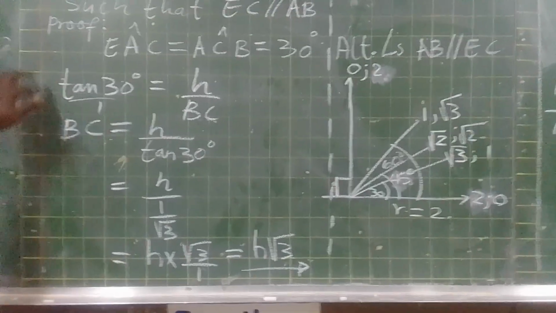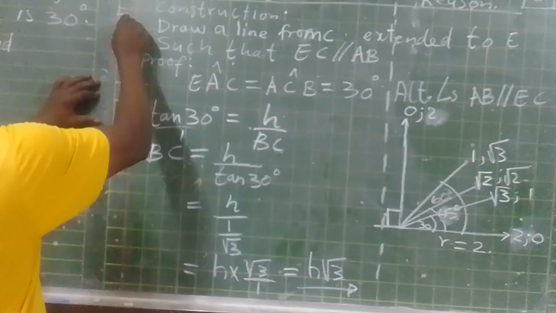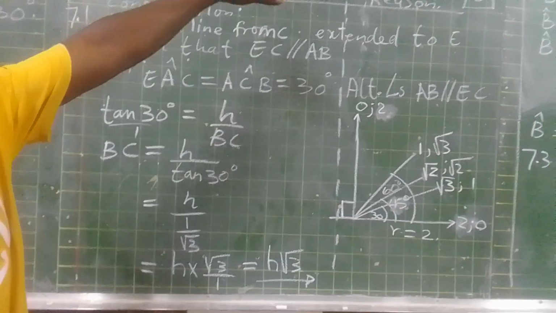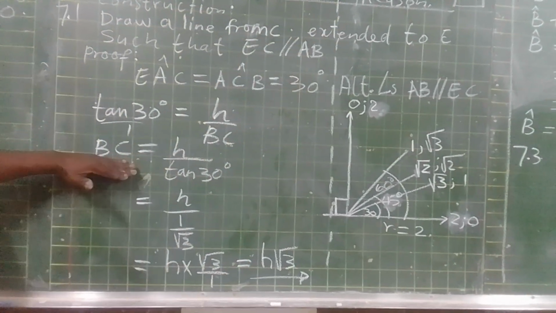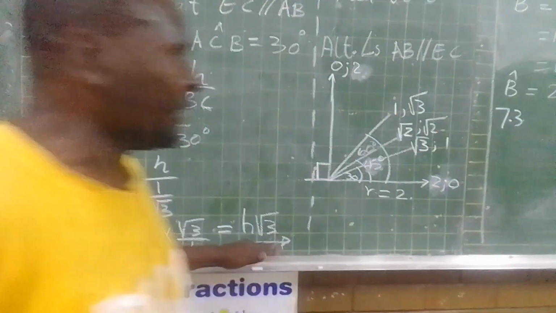We did not write the solution here. At 7.1, they said determine the length of BC in terms of h. This is BC, which has been calculated as h root 3.